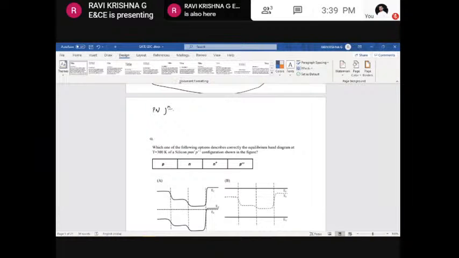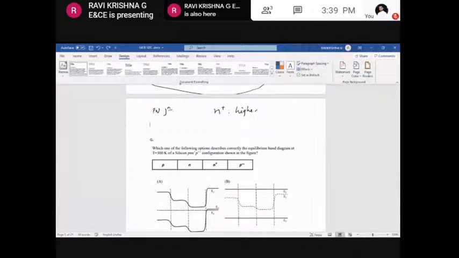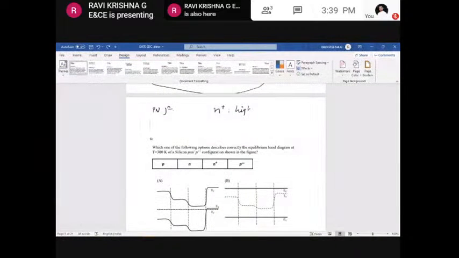Here, whenever they write N plus, it is known as a highly doped N-type material, a highly doped or heavily doped semiconductor.